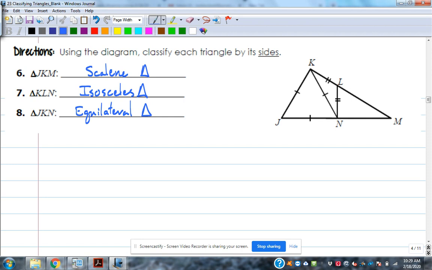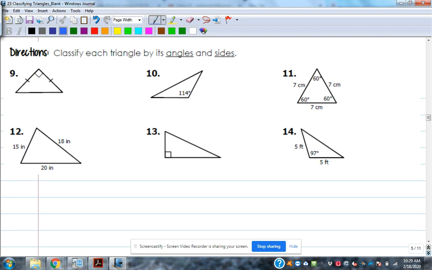All right. So in the practice underneath that, it says classify each triangle by its angles and its sides. So we're going to do both. Number 9, right isosceles. It has two congruent sides and a right angle in there.